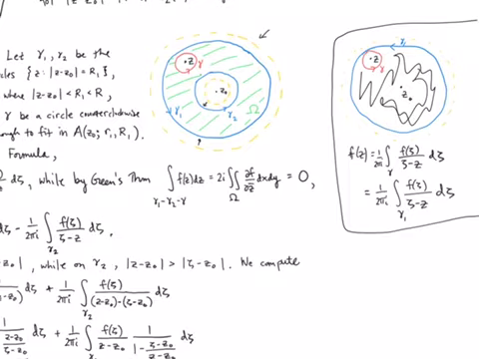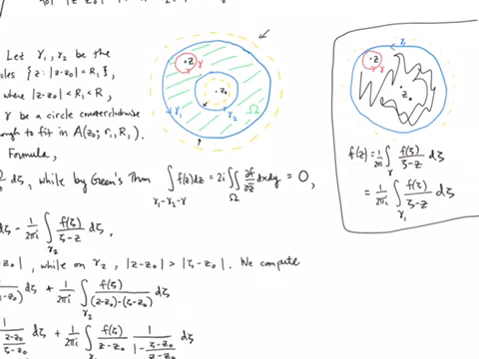But we can't do that here because our function is not analytic in that whole region outside of gamma but inside gamma 1, because our point z naught, for example, is not in the domain. So we have to do something else, and that something else is going to be to use both of the curves, gamma 1 and gamma 2.